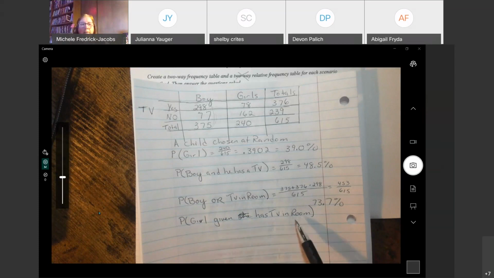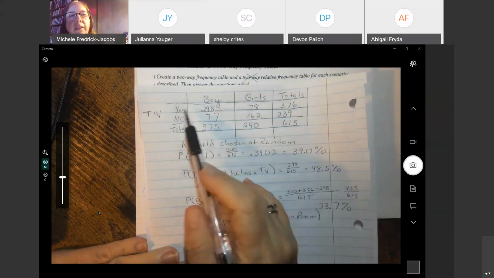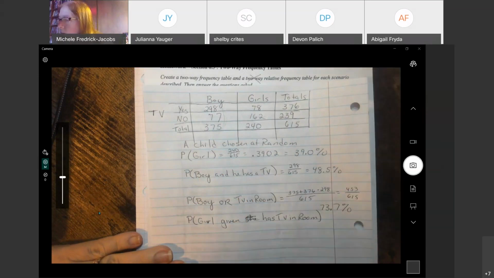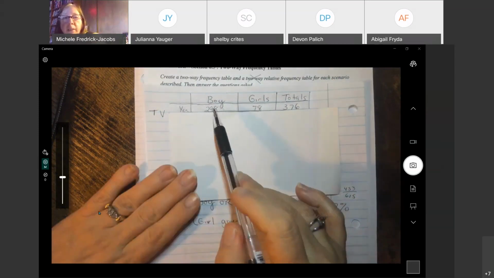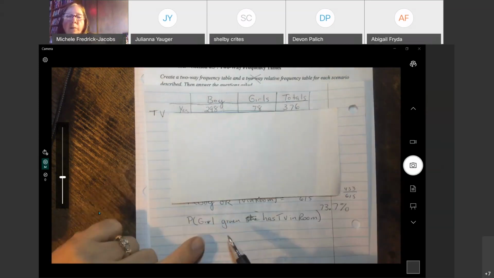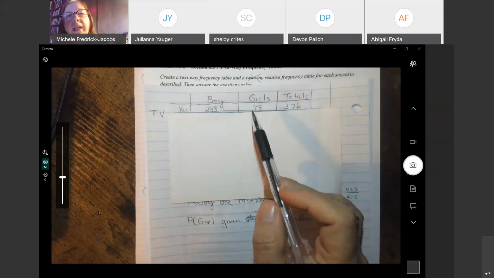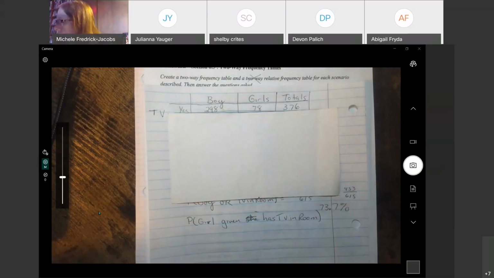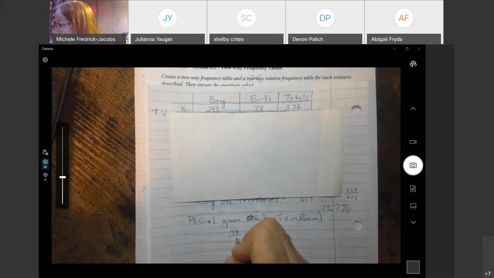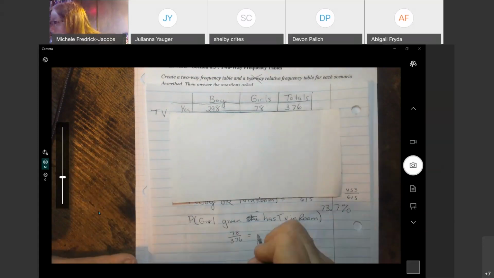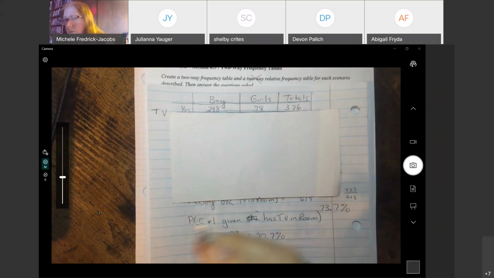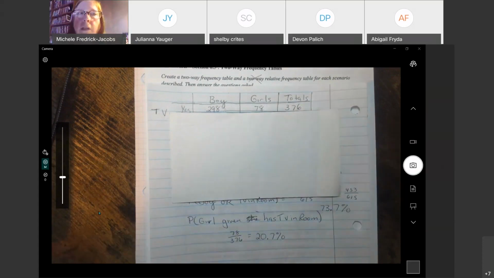So given it's a TV, going across is our TVs. So that means we are only using this row. Because we know it's a TV, so then it's something in here, and we want the probability it's a girl, so it's 78 out of the 376. Any questions on that?